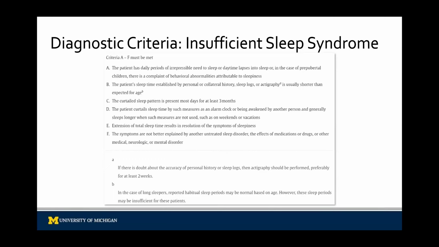There also have to be curtailed sleep patterns present on most days for at least 3 months. These curtailed sleep times are usually restricted by the patient using an alarm clock or having somebody else wake them up. Often on days off or weekends, these patients try to catch up on their sleep and may sleep for longer hours.